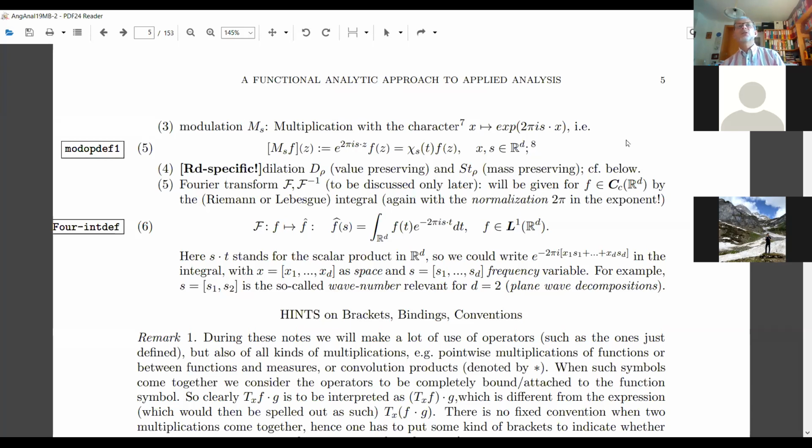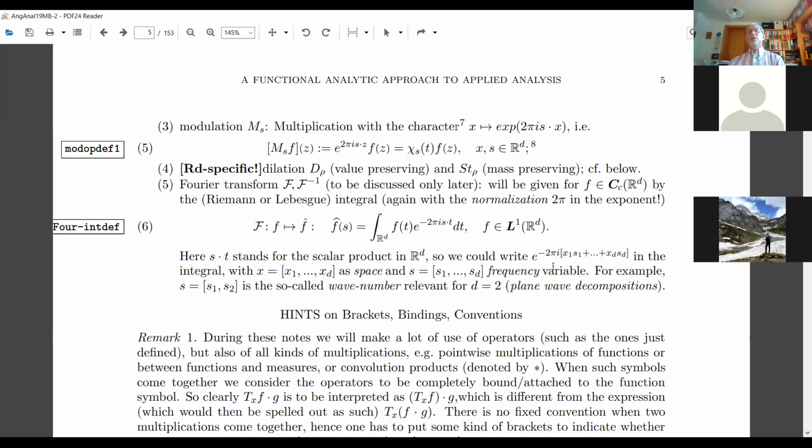The only thing you should remember is if you have 2 dimensions, then this s times x should be understood, as you have it after formula 6, as a scalar product of the 2 variables. You're multiplying the pure frequency s1 in the x1 direction, and you multiply in the other direction with s2, and so on in multiple dimensions.